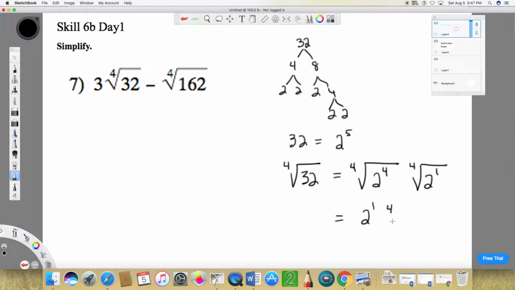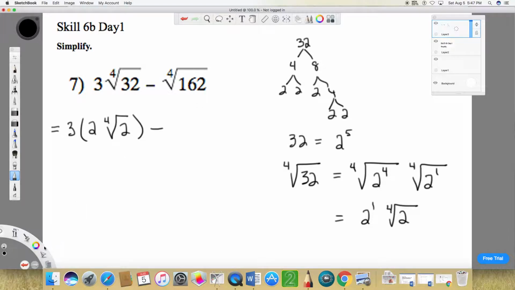But I can't simplify the 4th root of 2. All right? So, oh, and don't forget that we have a 3 right here that comes along for the ride. And the 4th root of 32 is 2 times the 4th root of 2.